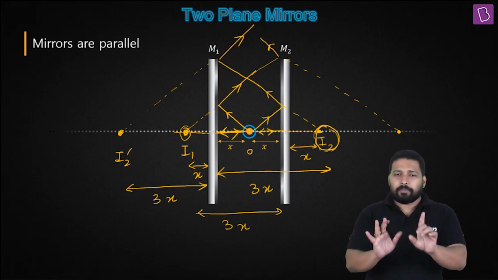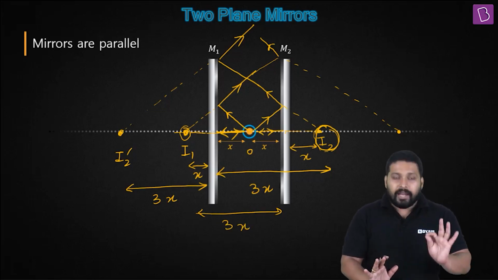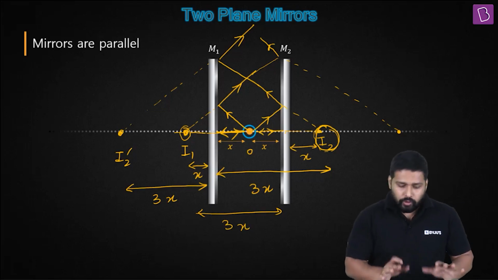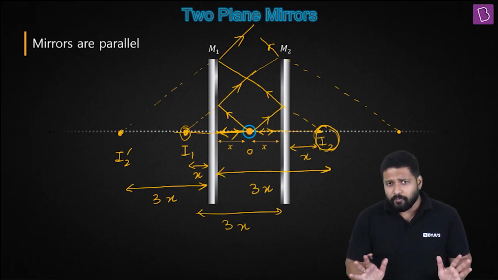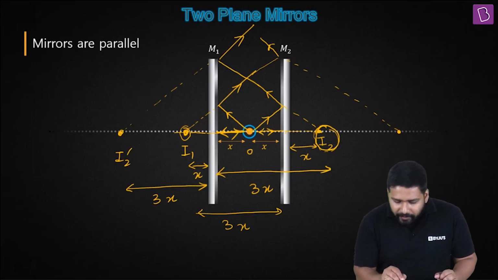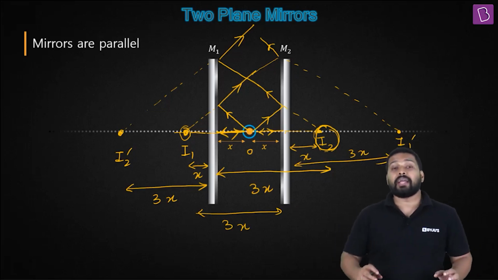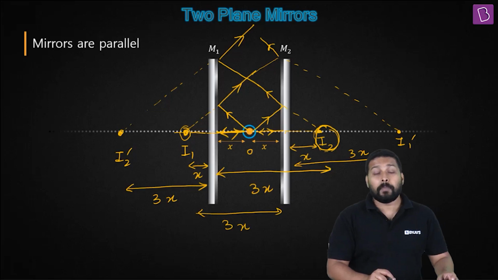Just forget that mirror 1 is present, because now I1 is behaving as an object for mirror M2, so imagine that there is no mirror M1. Now how far away will you get an image? Exactly at a distance of 3x, and I can call this I1 dash, and it will go on happening. So you go on getting multiple images.